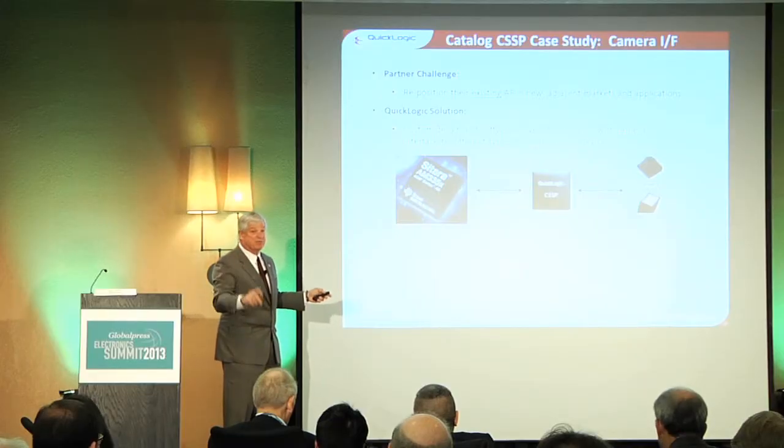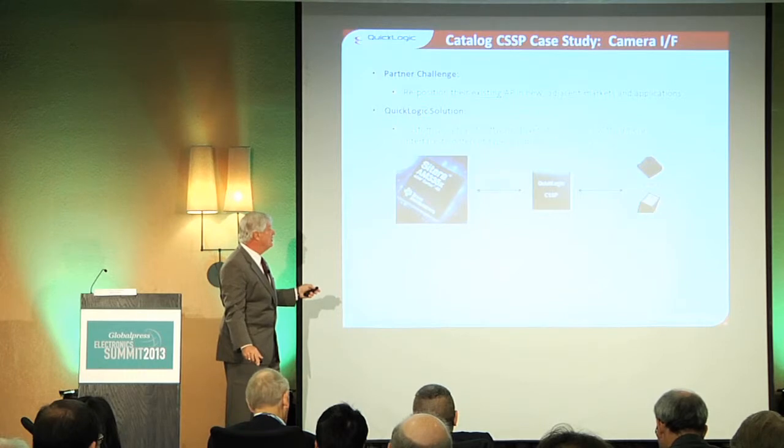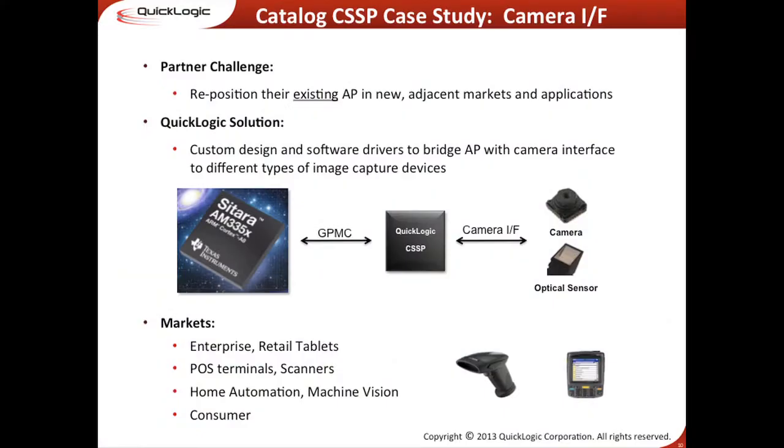And as they were trying to penetrate the embedded space with things like barcode readers or POS machines or remote printers, things of that nature that actually need an imagery capture subsystem, they were having to use other circuitry. So we came up with a CSSP developed specifically for TI with their general purpose mobile interface bus standard, and then we provided the camera interface that enables them to do that connection.